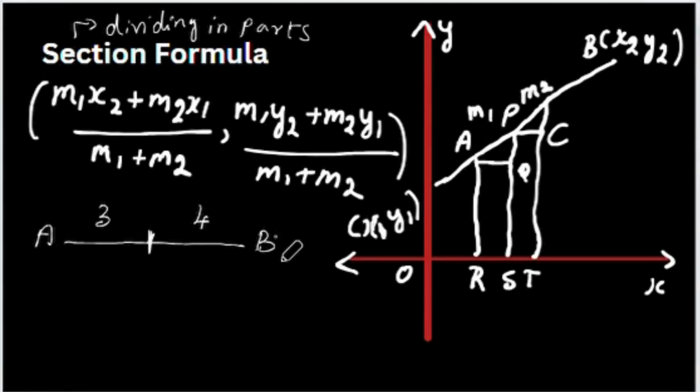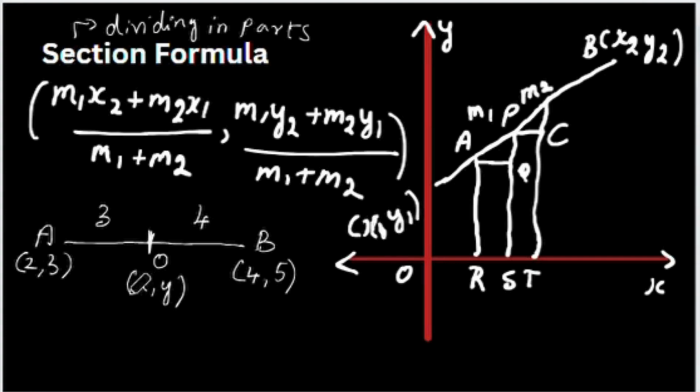This point is A and this point is B. I am giving x as 2 and y as 3 here, and x as 4 and y as 5 there. So you know x1, x2, y1, y2, but here the line has got divided at a point, I am naming it O. This point has coordinates x, y, which we don't know, and we have to find this x, y.